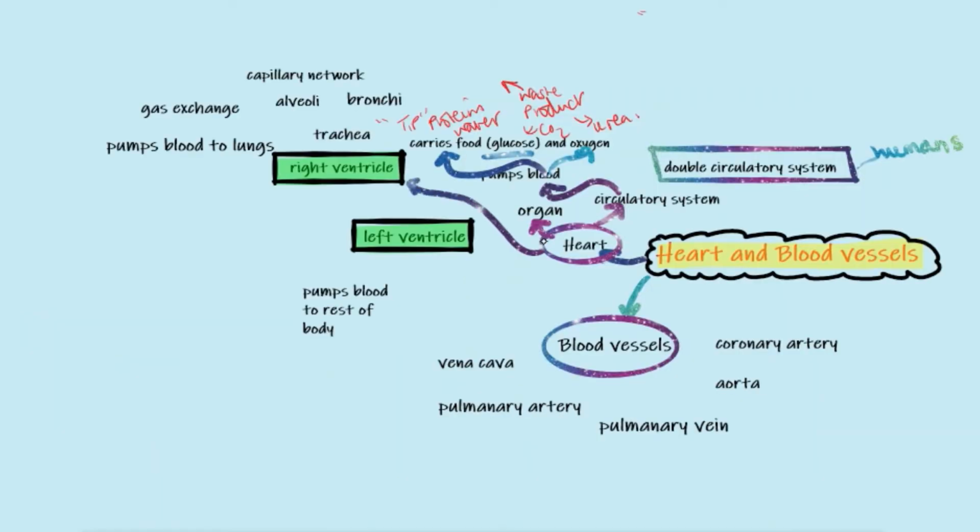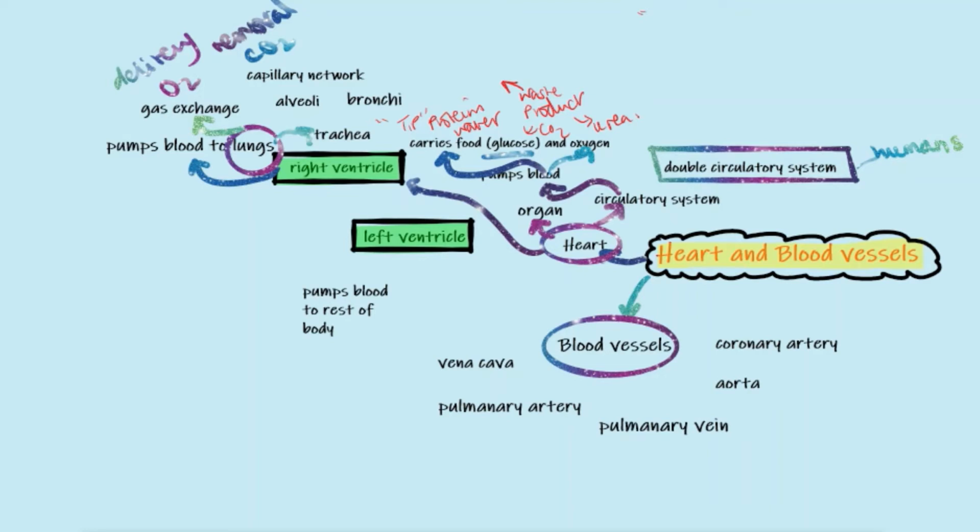The heart pumps the blood from the right ventricle to the lungs, and here we have the gas exchange taking place. The gas exchange involves the delivery of oxygen and the removal of the waste product, which is the carbon dioxide.